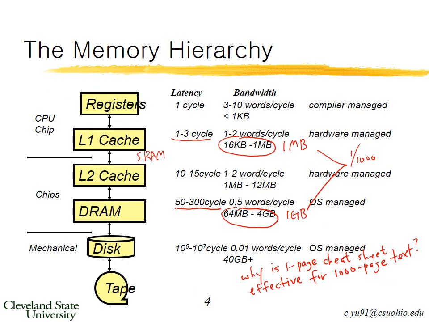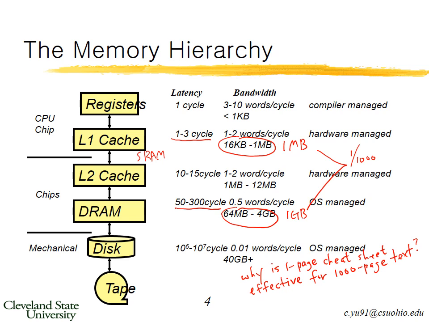So here is the memory hierarchy. We have 32 registers inside the CPU. Each register is 32 bits wide, and the register access time is 1 cycle, which is okay because the CPU itself takes 1 cycle to complete an instruction. The L1 cache and L2 cache, which are typically composed of SRAM, take about 1 to 3 cycles, which is okay compared to the CPU.